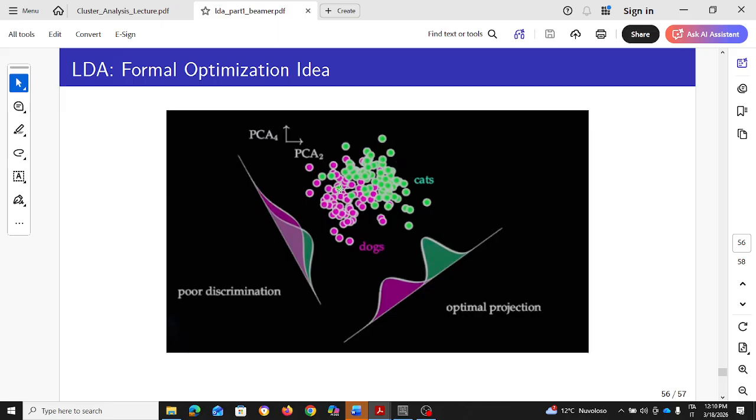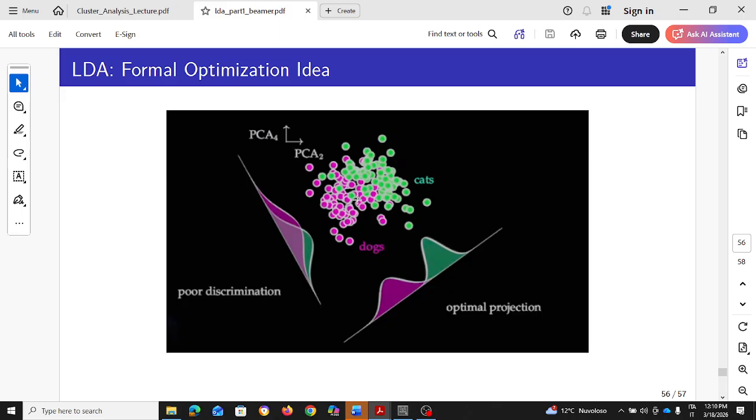So normally when we are doing PCA, you can say, okay, maybe this is PCA 2, PCA 4, coordinate 2, coordinate 4. But what Fisher is saying, to have a clear discriminate line between dogs and cats, is to project these. Okay? So I can have maybe many axes.